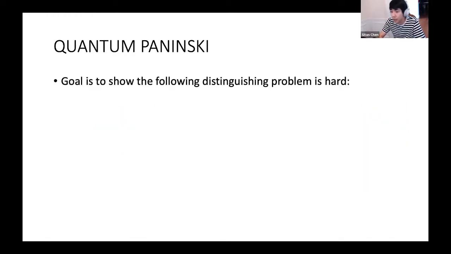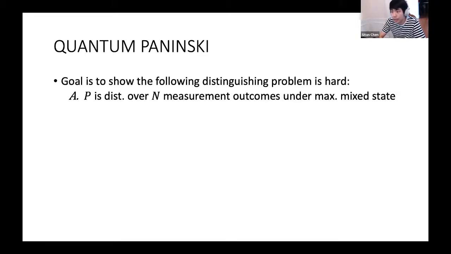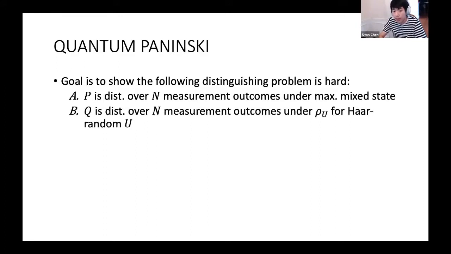And the name of the game is really to show that the following distinguishing problem is hard. On the one hand, consider the distribution over measurement outcomes after you fix some strategy for how to measure using POVMs, if you measure the maximally mixed state. And the alternative is the distribution over outcomes if you had instead measured one of these Paninsky instances, where at the very outset, you sample the U that parametrizes the Paninsky instance uniformly at random from the unitary group.